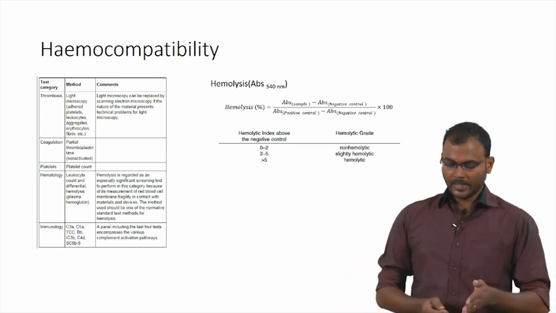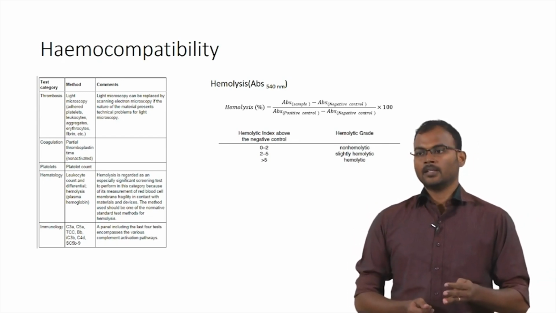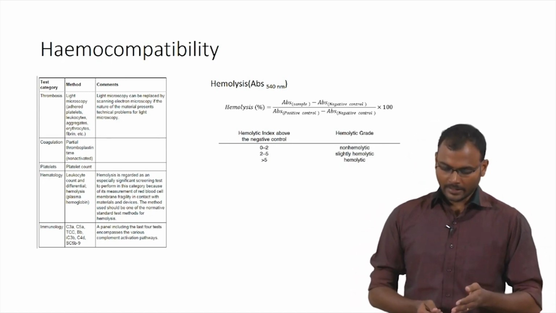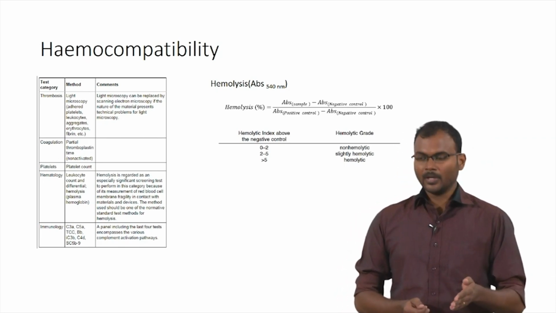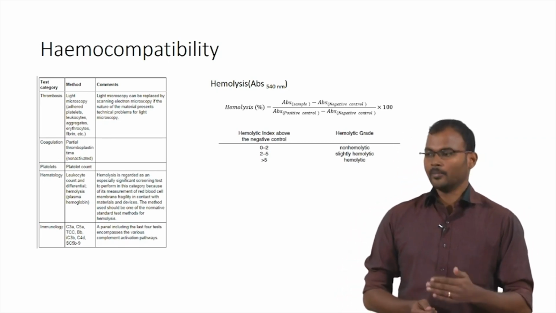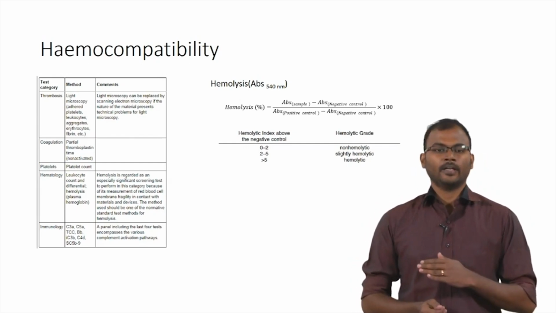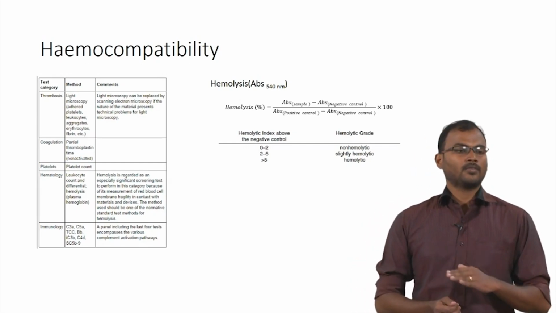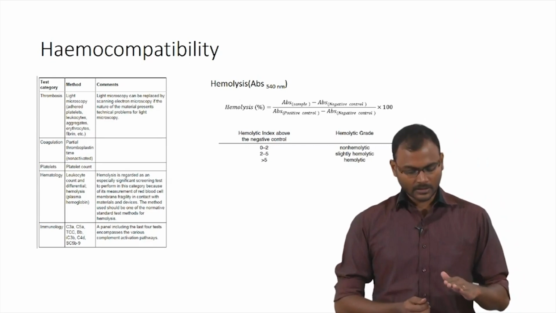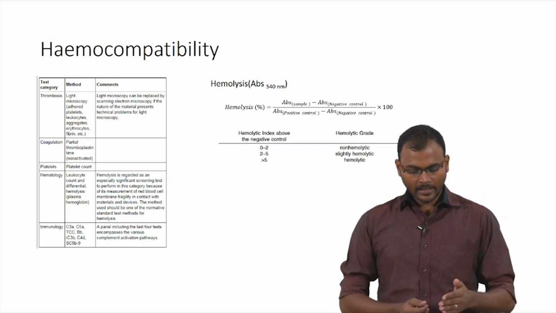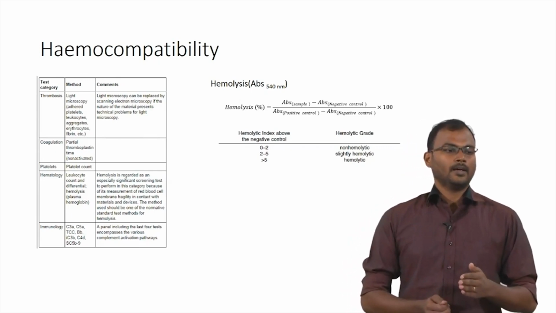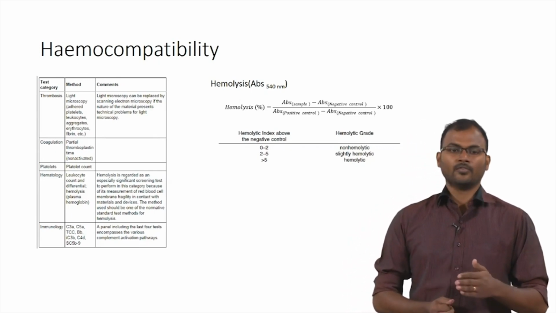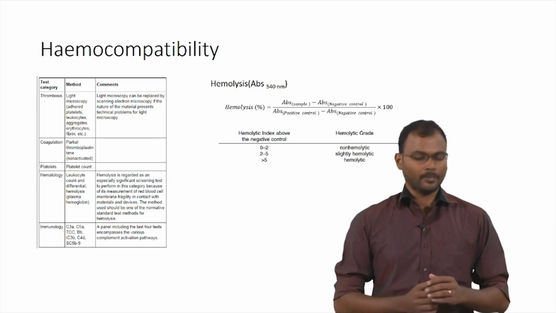Based on the International Organization for Standardization standard, the hemolysis index should be below 2 for a non-hemolytic material. If it is slightly hemolytic, the range is 2 to 5, and if it is highly hemolytic, it is above 5, which is not at all recommended for any applications.